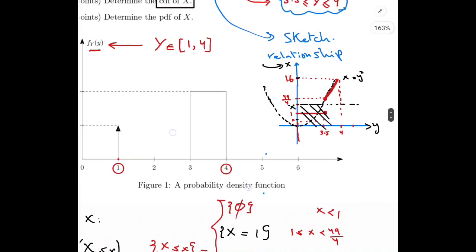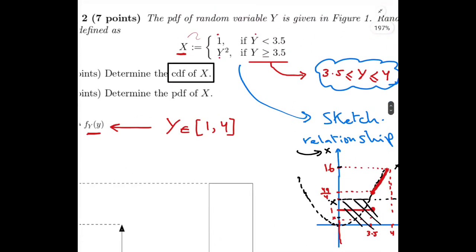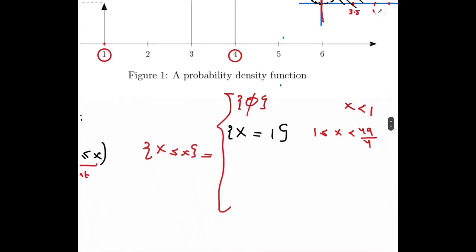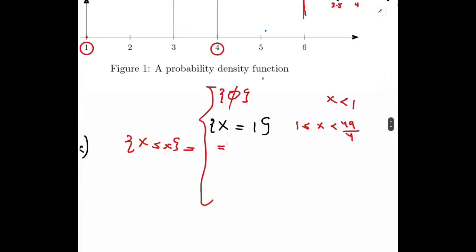You can see here in the function that X equal to 1 is equivalent to the event Y less than 3.5.